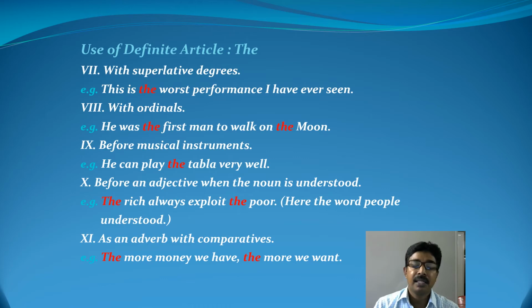Here, the word people is understood. The rich means the rich people. The poor means the poor people. And the definite article the is used as an adverb with comparatives. For example, the more money we have, the more we want.